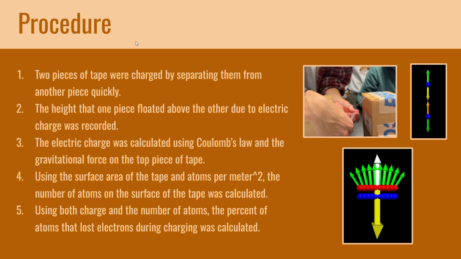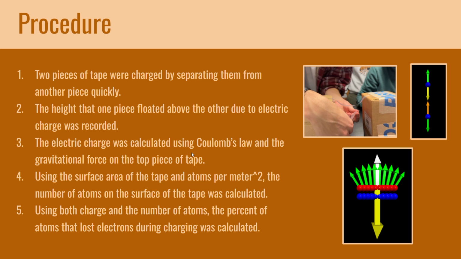For the procedure, it's the same as the last lab. And as you can see in this picture over here on the right, that is my result from the last lab, and this is the new one. So two pieces of tape were charged by separating them very quickly, and then the height one floated above the other was recorded, and the electric charge was calculated using Coulomb's law and gravitational force.